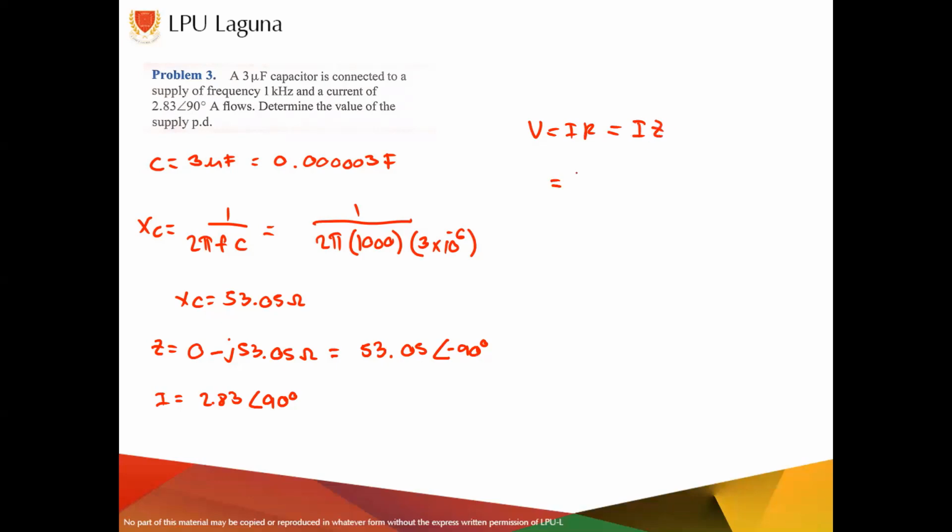I is 2.83 bar angle 90 and Z is 53.05 bar angle negative 90. Ating V. So ating potential difference is 150 bar angle 0 degrees. This is the answer.